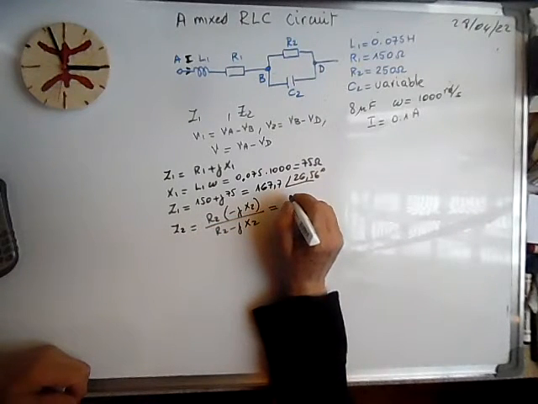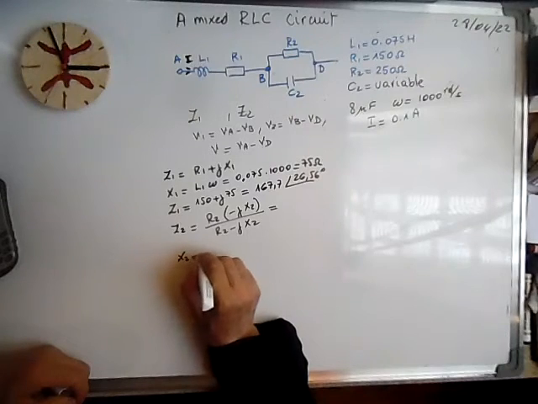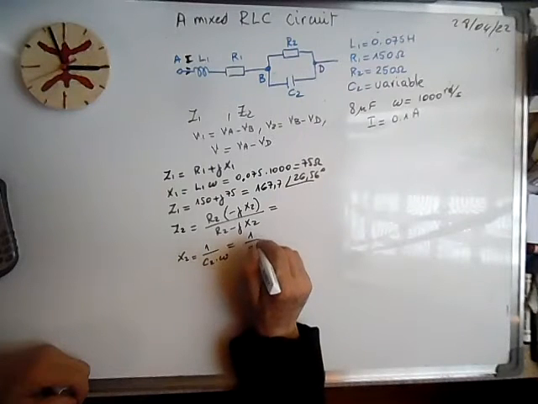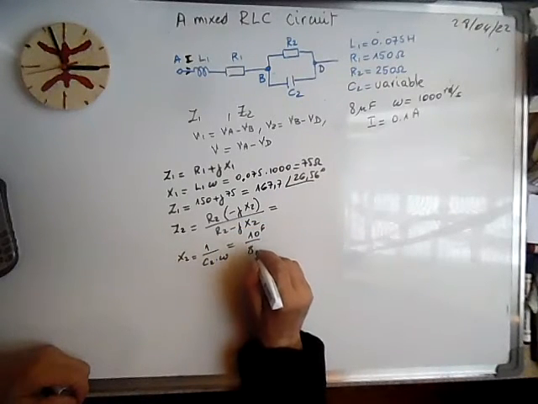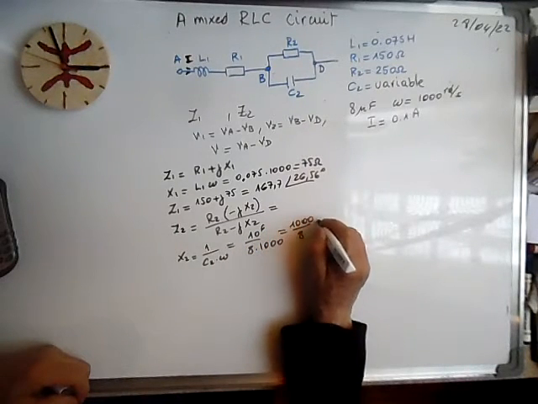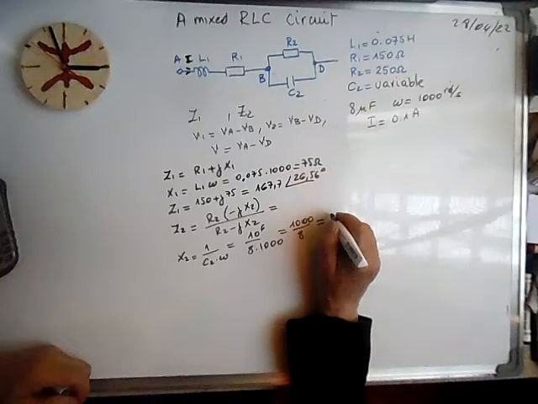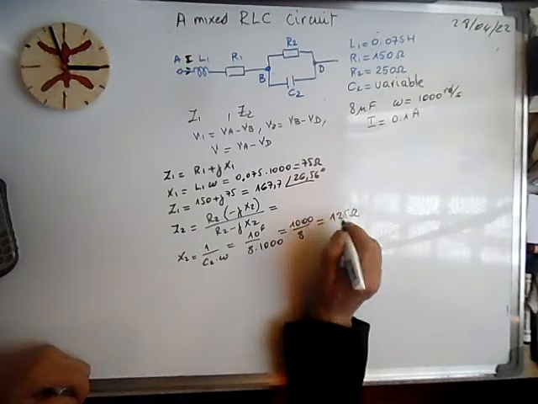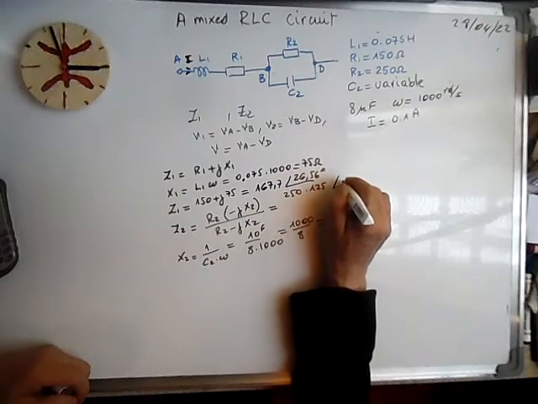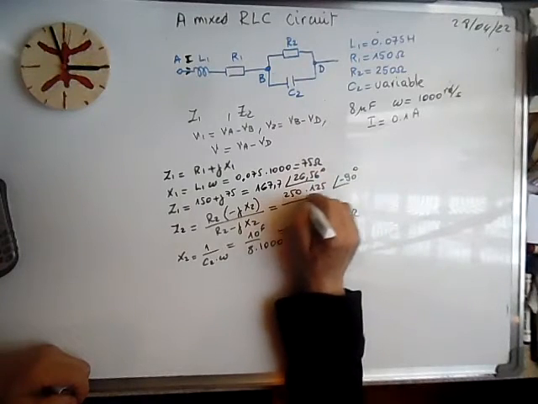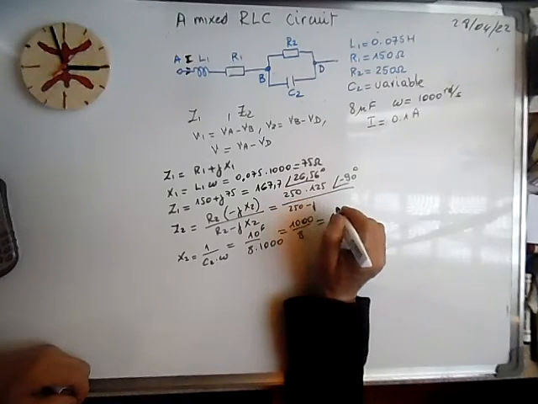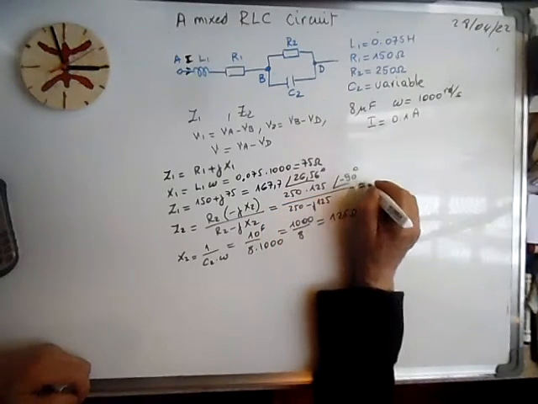First of all, X2 is 1 over C2 times omega, 1 over 8 times 10 to the power minus 6 times 1000, which is 1000 over 8, and it's 125 ohms.